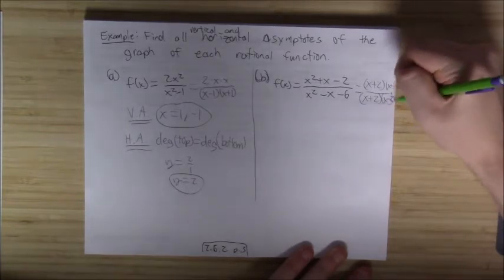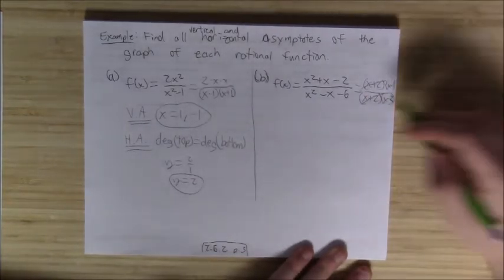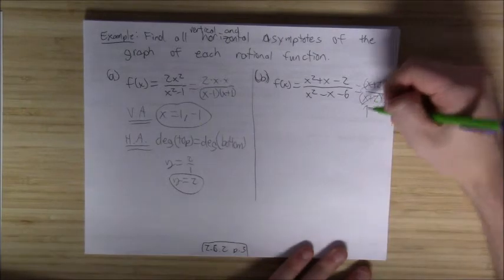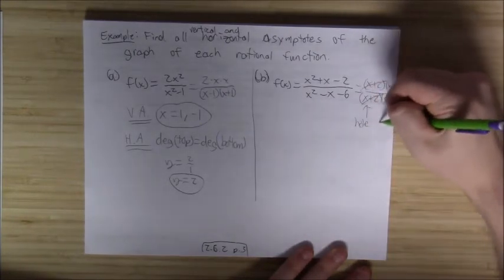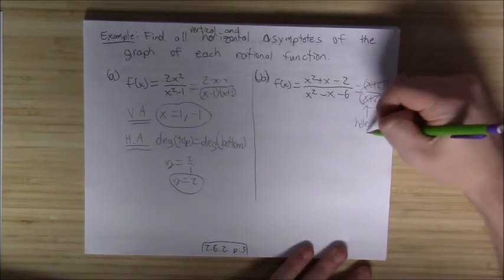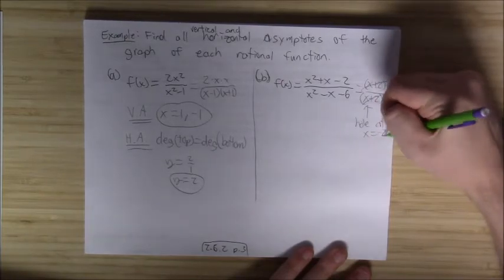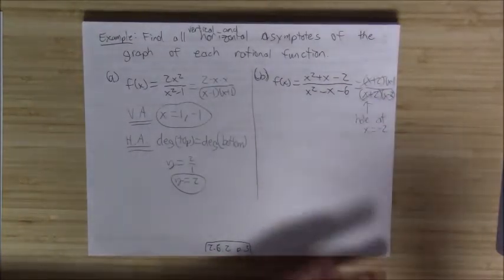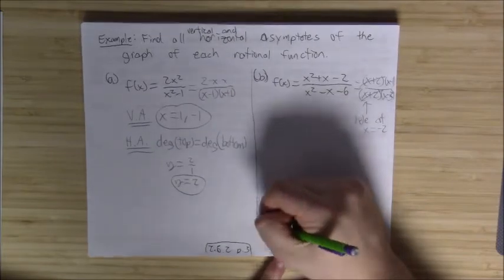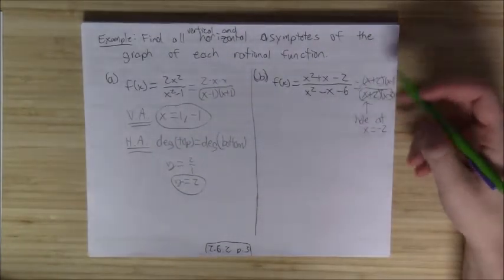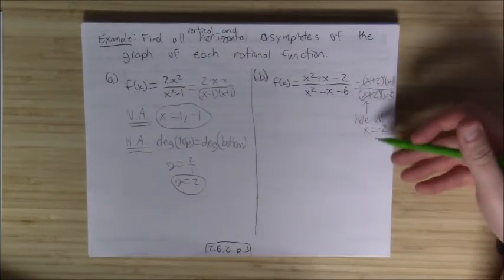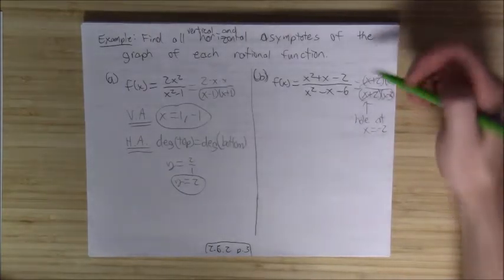And we see here that these actually cancel with each other. That creates something called a hole. So that is a hole at x equals negative 2, where that factor is 0. Again, more on that in a bit. Basically, it means the graph is going to have a hole there.